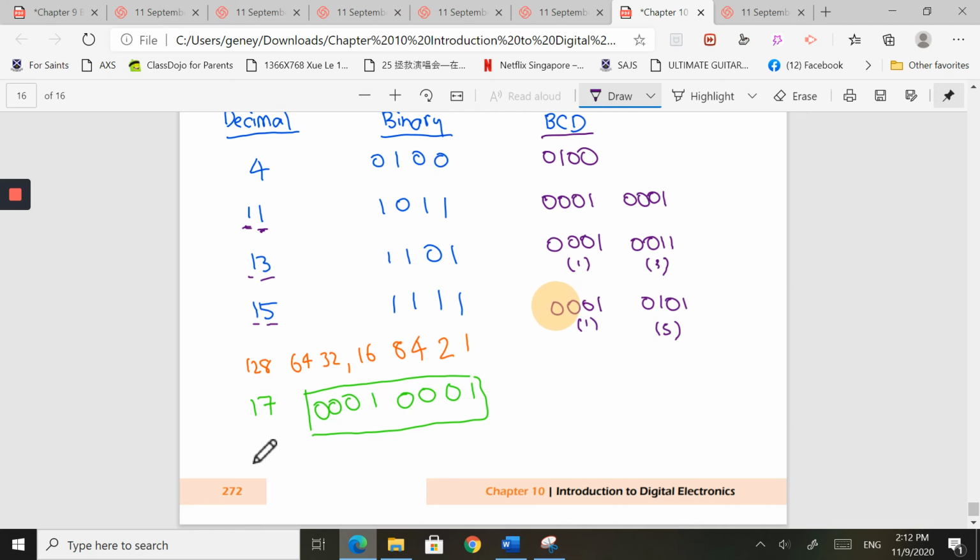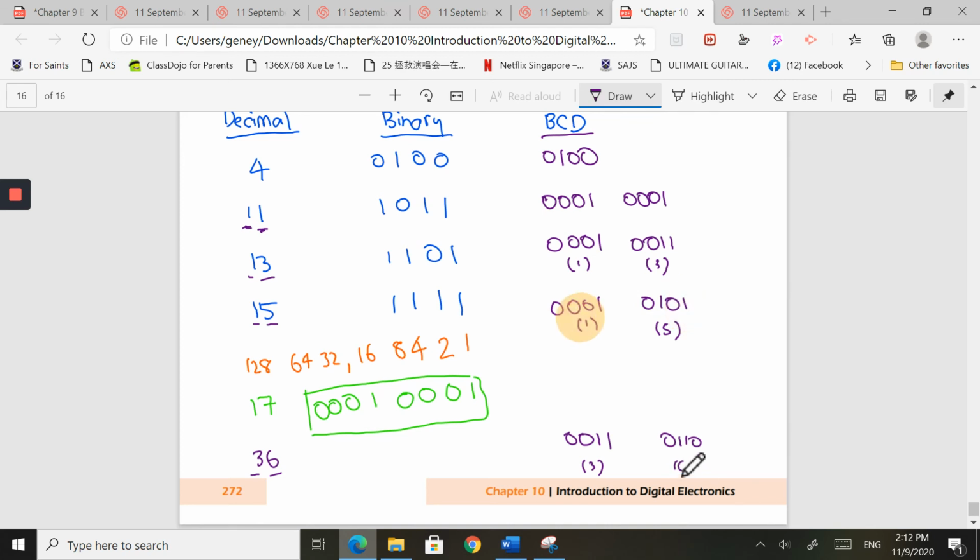What if I have the number 36, for example? A 3 is 0011. This is the 3. And the 6, remember to make 6, I add 4 plus 2. So it's 0110.